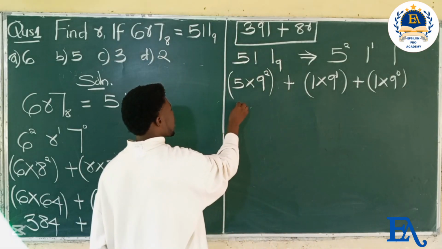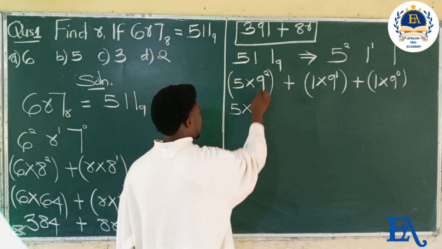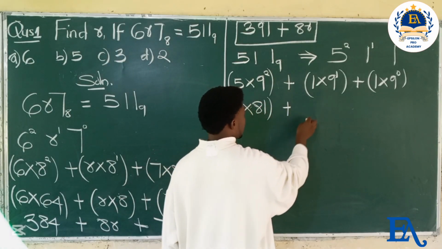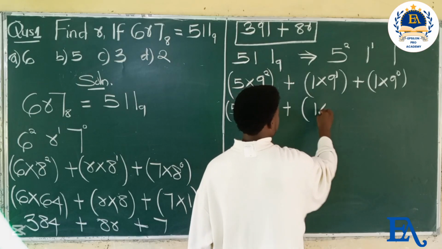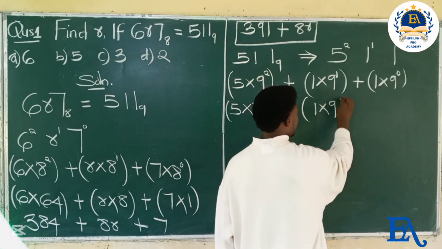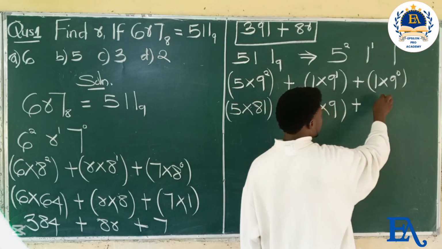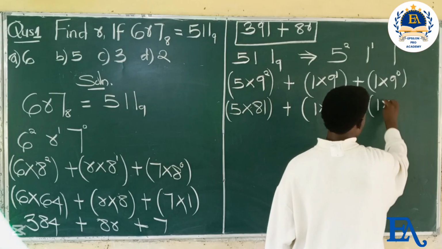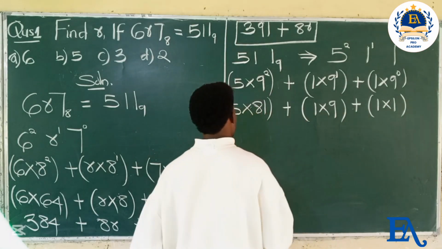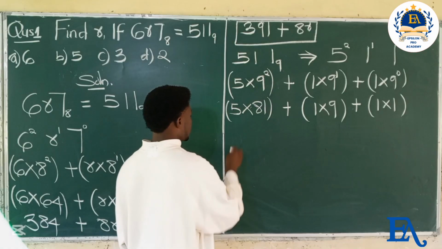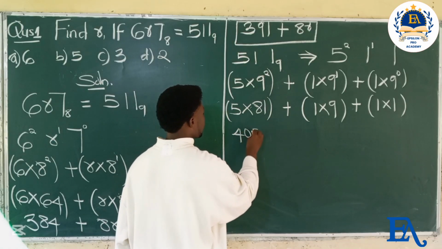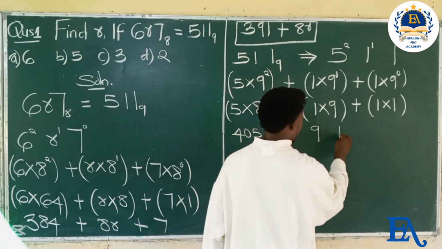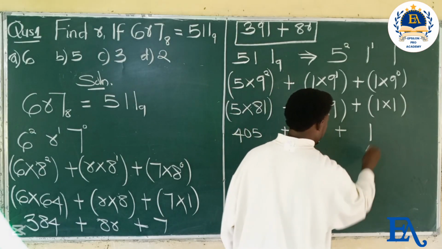So we have 5 times 9 raised to the power of 2, which is 81, plus 1 times 9 raised to the power of 1, which is 9, plus 1 times 9 raised to the power of 0, which is 1. So 5 times 81 gives 405, plus 1 times 9 gives 9, and plus 1 times 1 is 1.